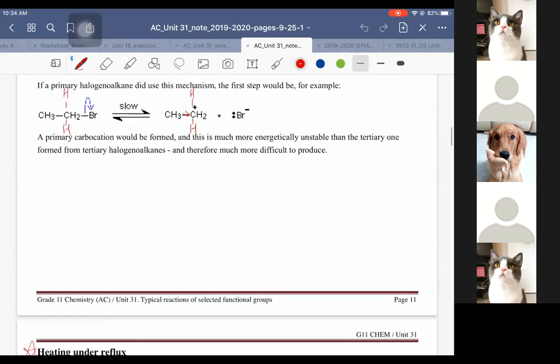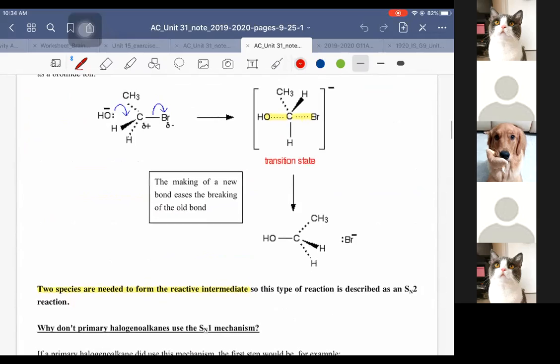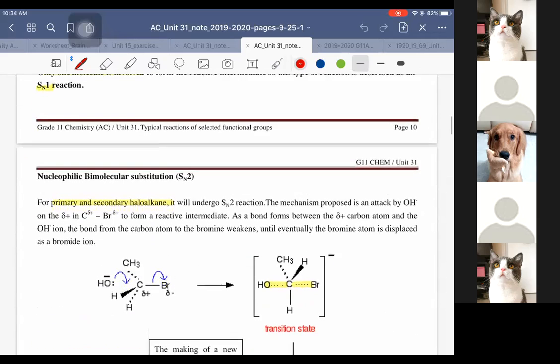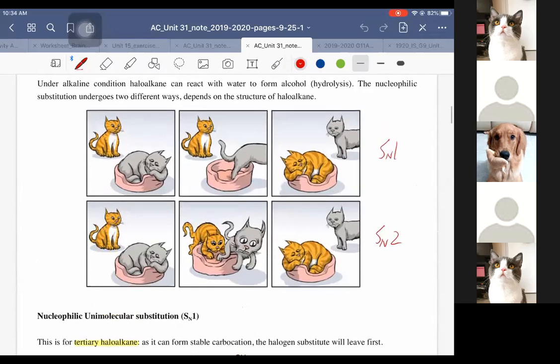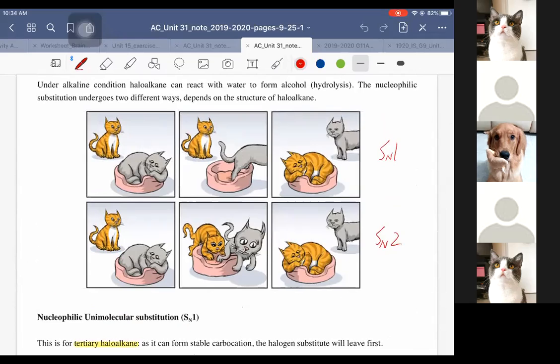Okay, so for this one, the most important part is that you remember the two mechanisms here. SN1 and SN2. This is a very simple representation of the two mechanisms. For SN1, it involves only one molecule to form the reactive intermediate.